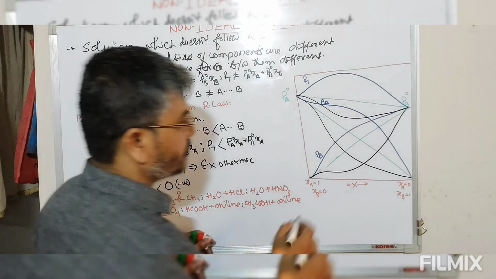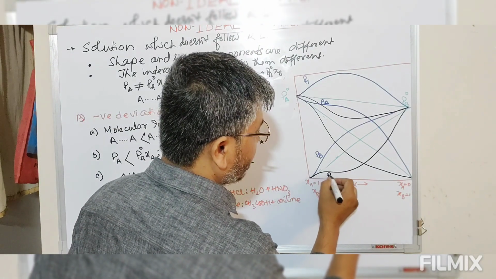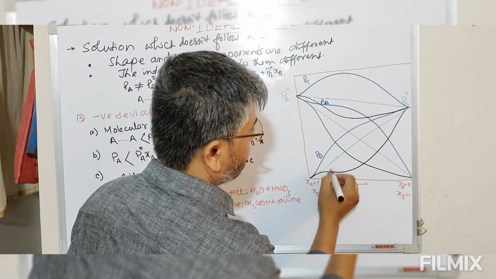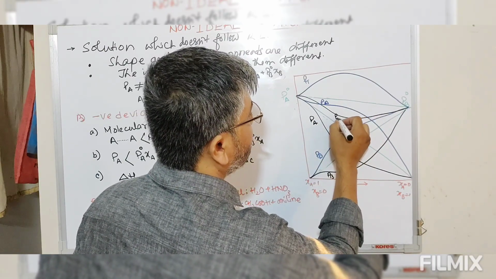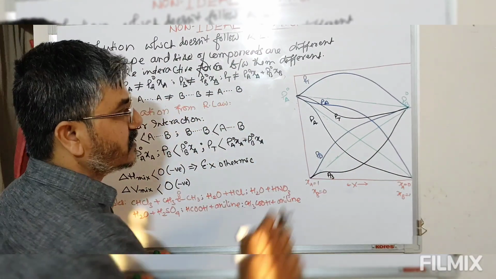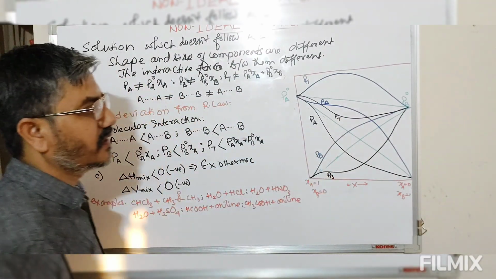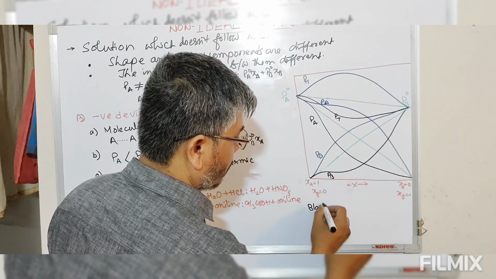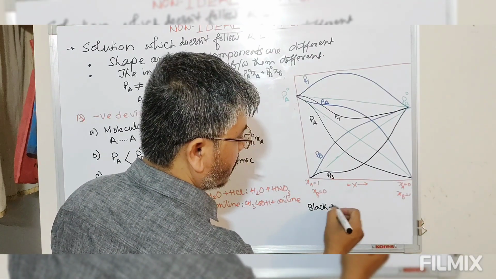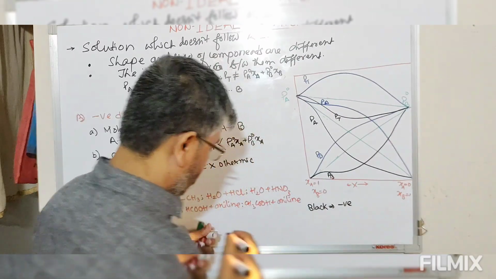So this is PA, this is the total pressure. So this is the graph for negative deviation.